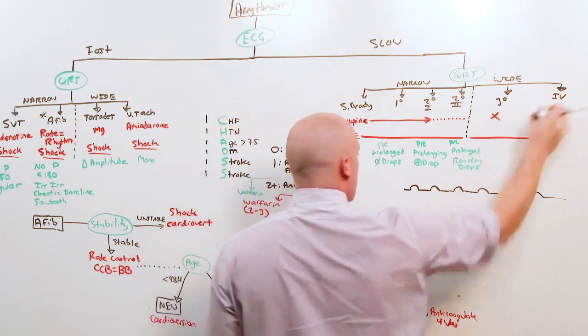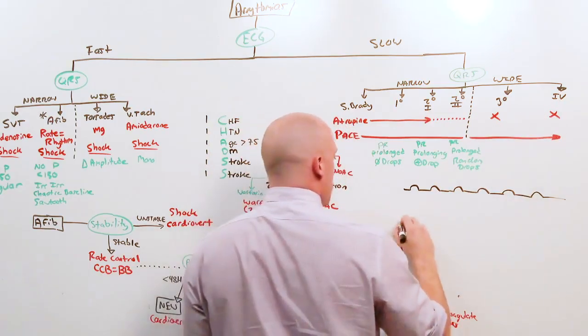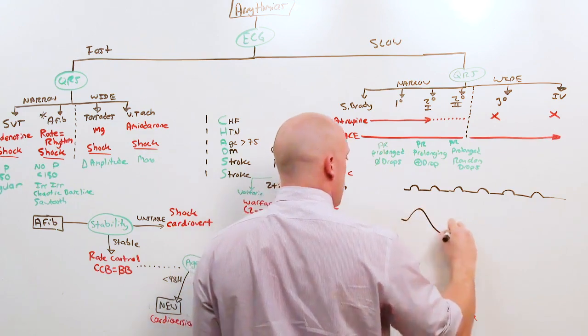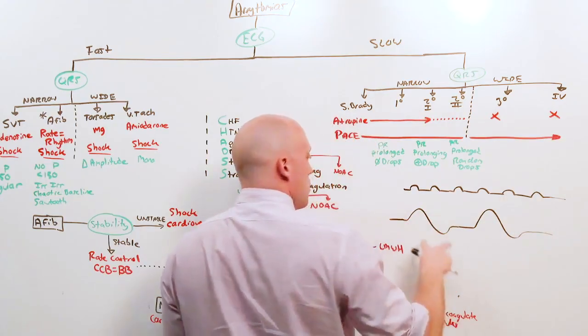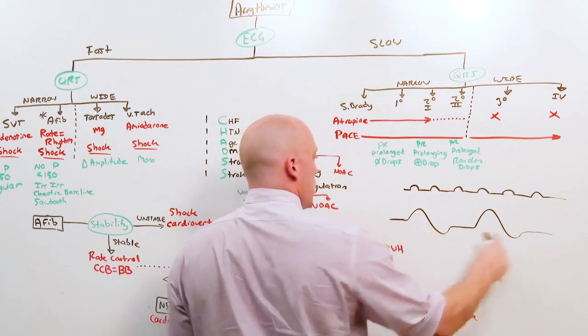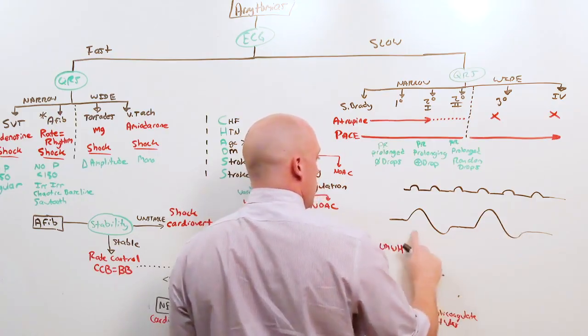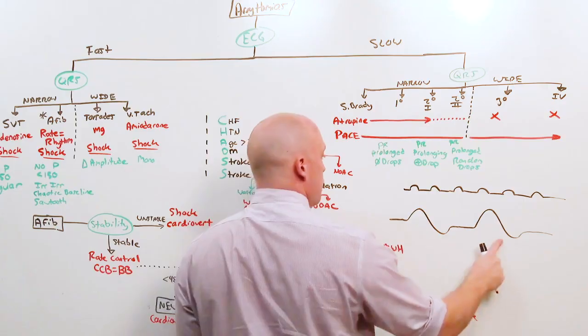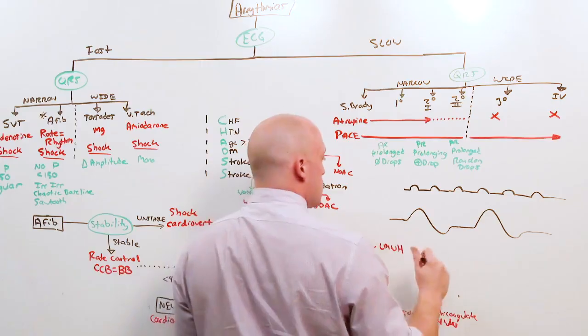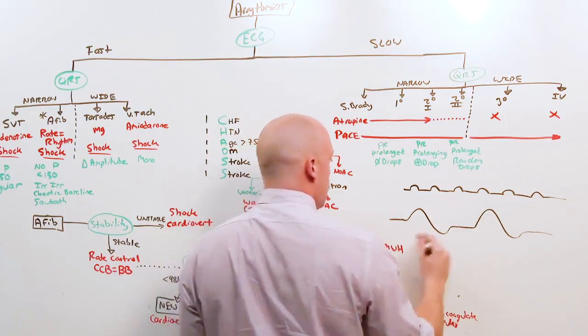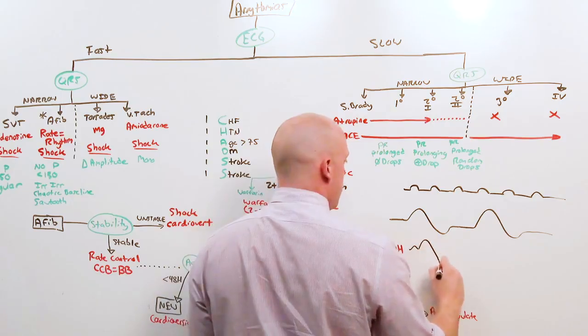In both third degree and idioventricular rhythm, you're going to have a wide complex rhythm. This is an idioventricular rhythm. There's no P waves, and the ventricles are going on their own, wide complex, and generally pretty slow. In third degree AV block, what you'll see is a combination of these two.